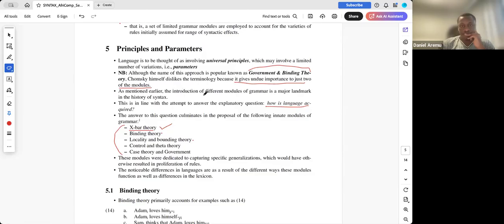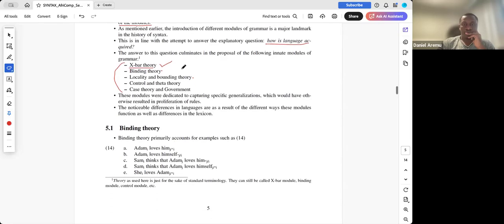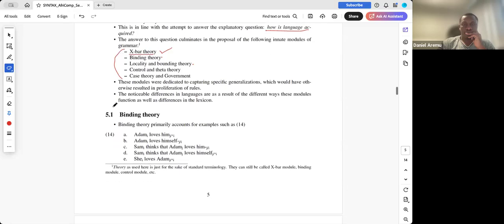Let me just add that X-bar theory is a way that Chomsky tries to explain phrase structure itself, just like we are talking about merge now in minimalism. Merge is taking care of phrase structure again, while other things are still found in minimalism. So principles and parameters itself is, like you said, a theory of acquisition, which has continued up to minimalism.